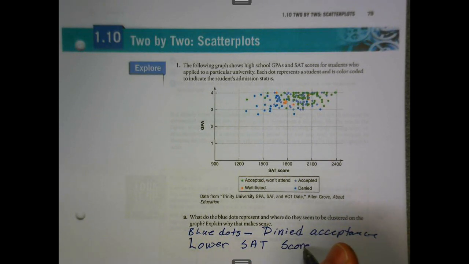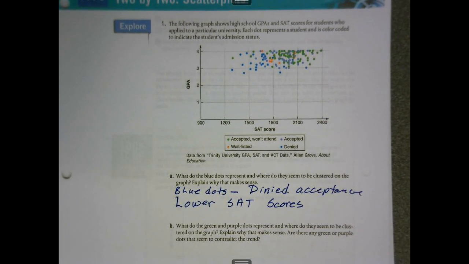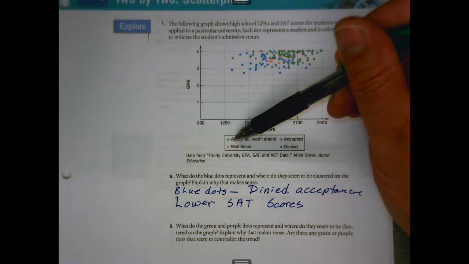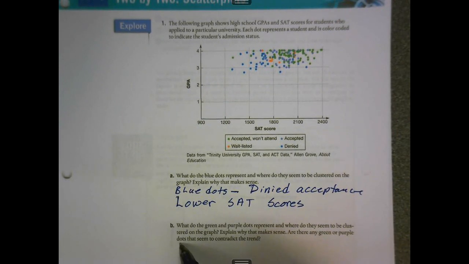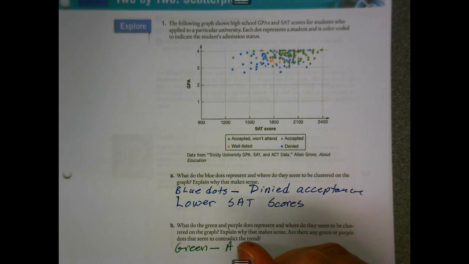Okay, B. What do the green and purple dots represent? So let's explain that first. So here's purple, here's the green. The green is accepted, but not going to attend.